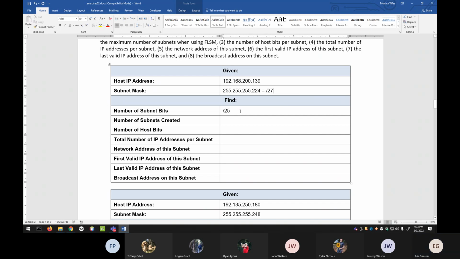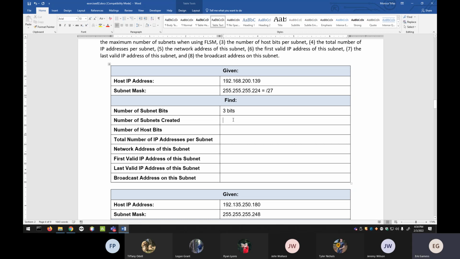So the mask by default is /24, no? How many bits did I borrow when I go from /24 to /27? 3 bits. We borrow 3 bits from the host part to make them subnet bits.